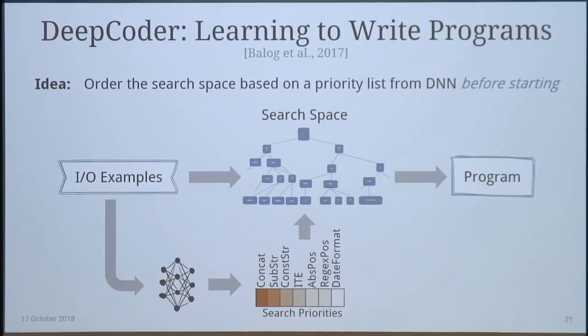And then once we have this distribution, we can look at the least likely parts of the distribution and say, how about we just eliminate them from the search? Because the network believes these paths cannot satisfy the example. And that's essentially it. If you want to train this, the only thing that you need is a database of tasks and programs.